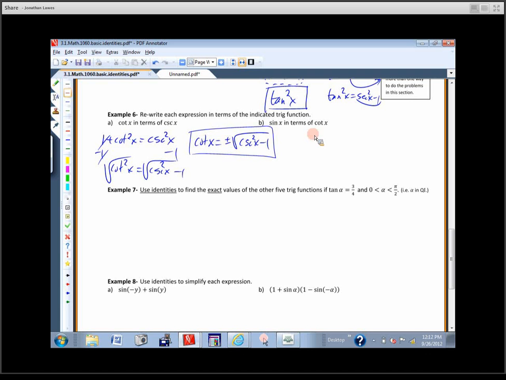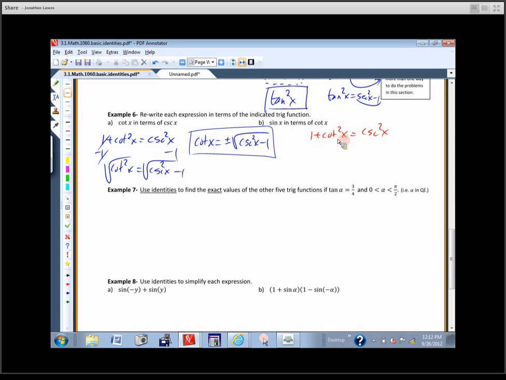Okay. Write sine in terms of cotangent. So you've got to have sine on one side and cotangent on the other side. In my opinion, these are the toughest ones on the assignment. So let me give you a hint. Watch. Everybody watching? 1 plus cotangent squared of x equals cosecant squared of x. Now, I would like an expression that only has sines and cotangents in it.